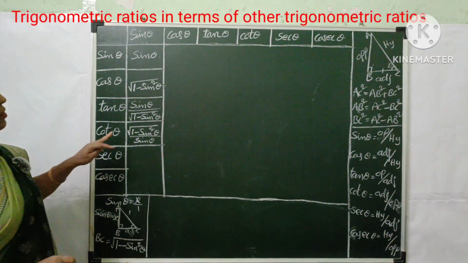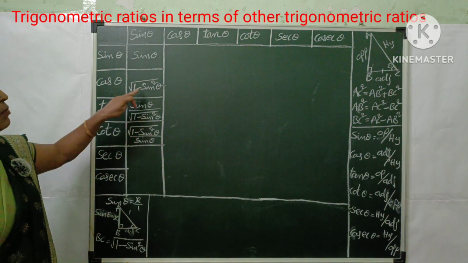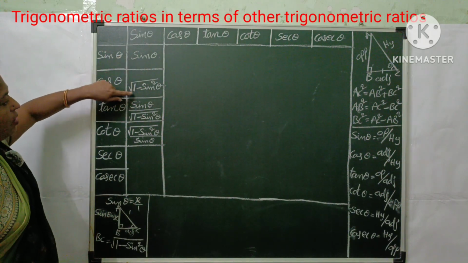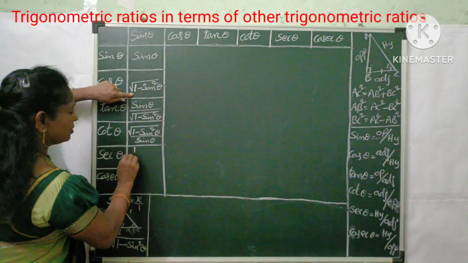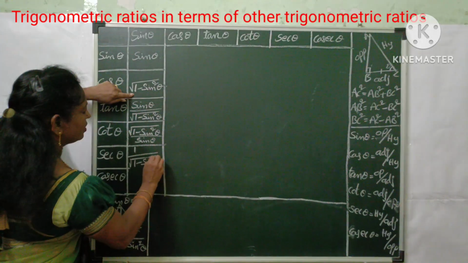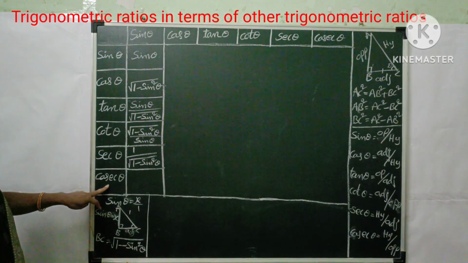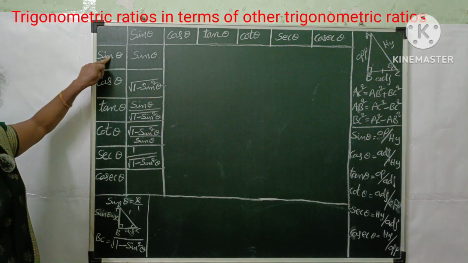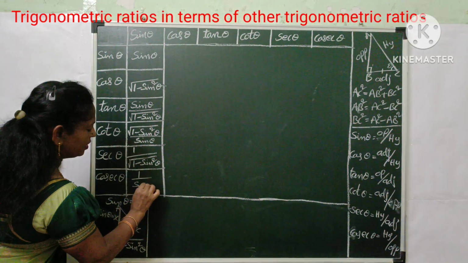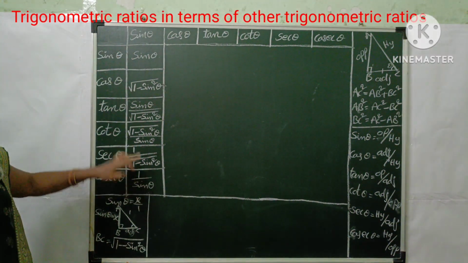Next, sec theta is 1 by cos theta, which is 1 by the square root of 1 minus sine square theta. Yes or no? Next, cosecant theta is the reciprocal of sine, so 1 by sine theta.